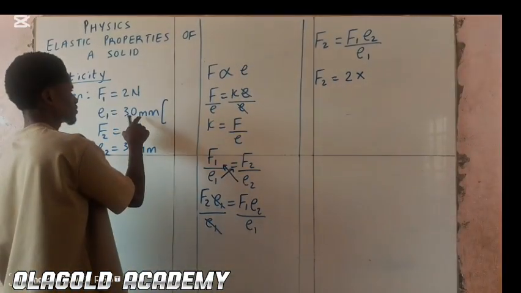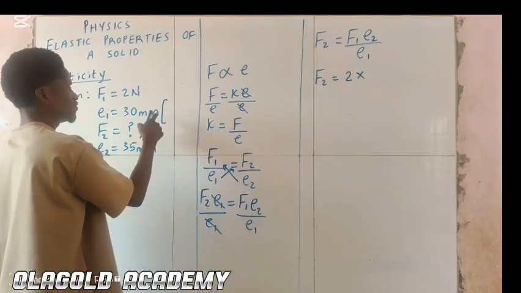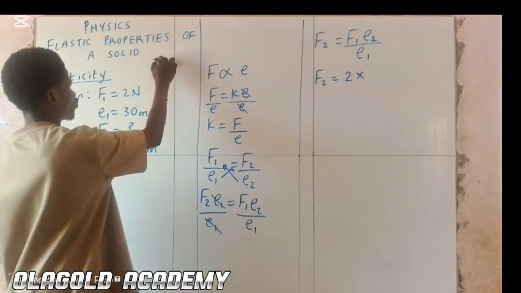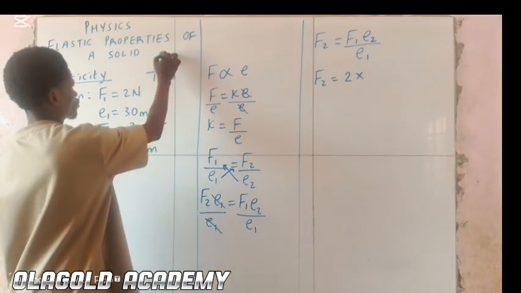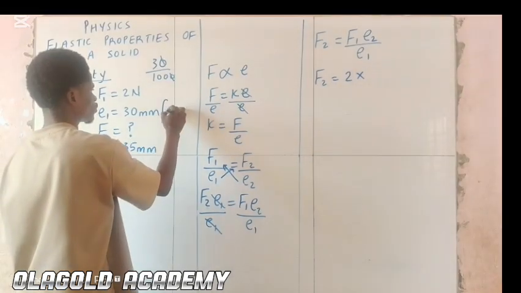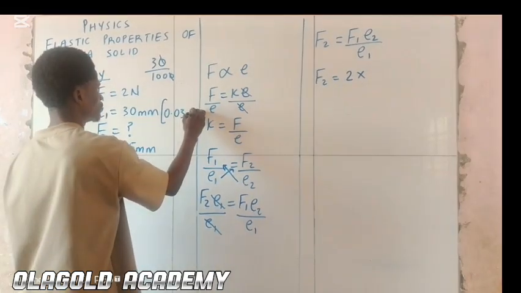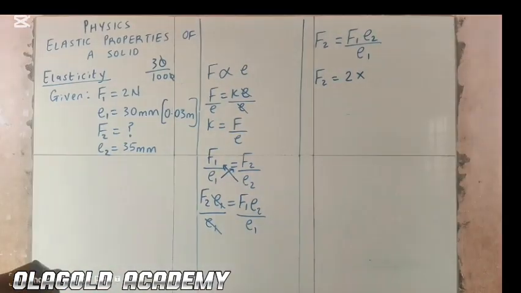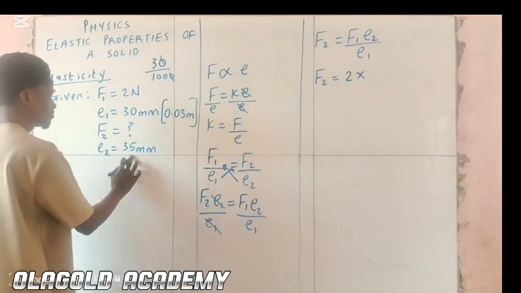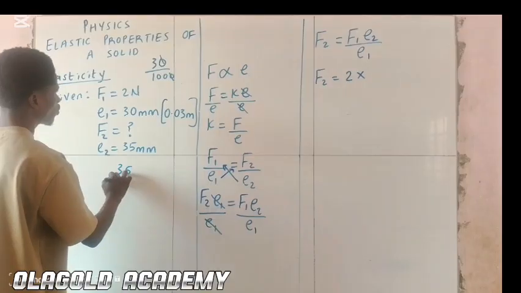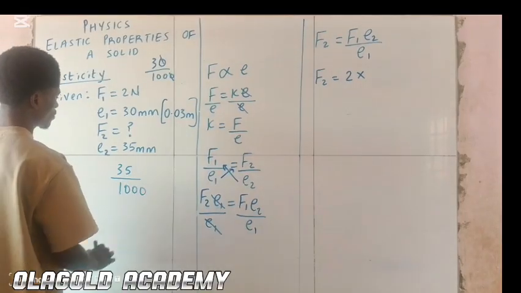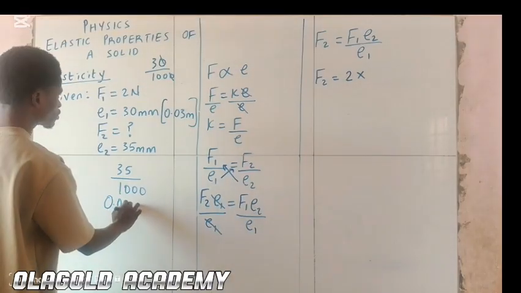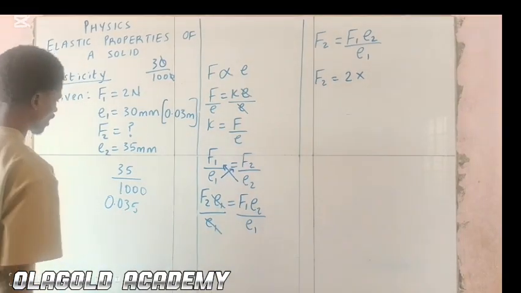If you convert from millimeter to meter, we are going to have 30 over 1000. So 0 cancels 0, we are going to have 0.03 meters. For 35 millimeter, that will be 35 over 1000, so it becomes 0.035.